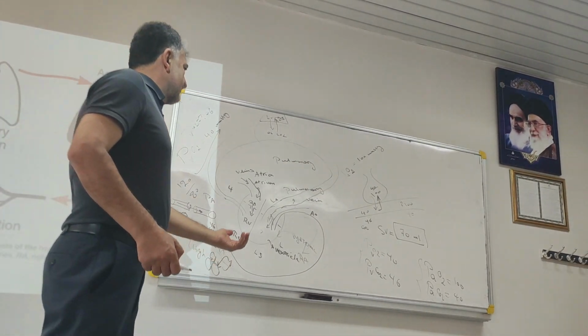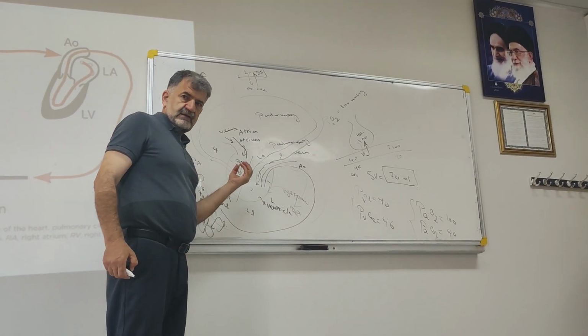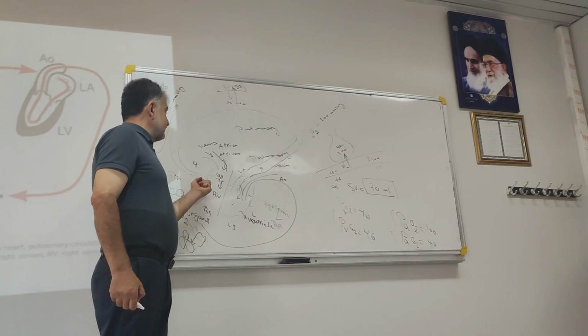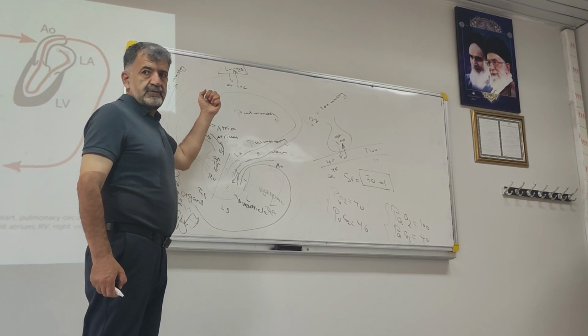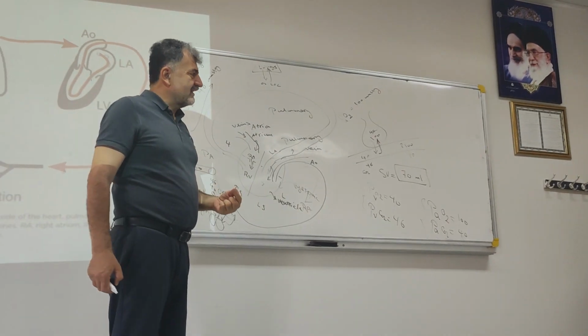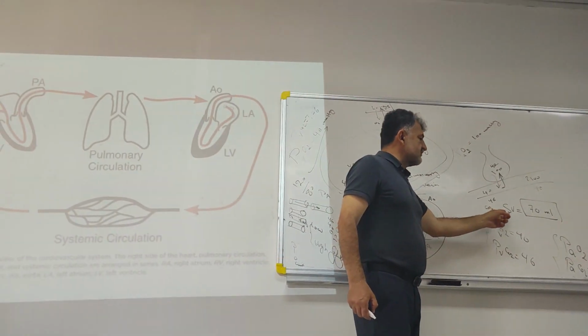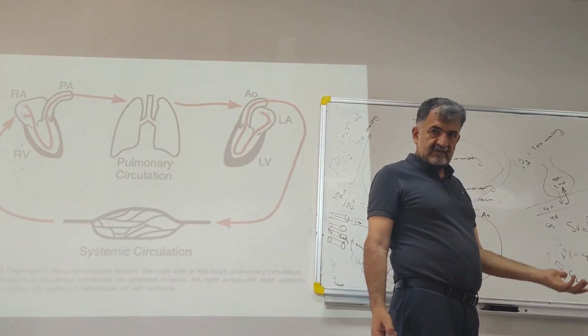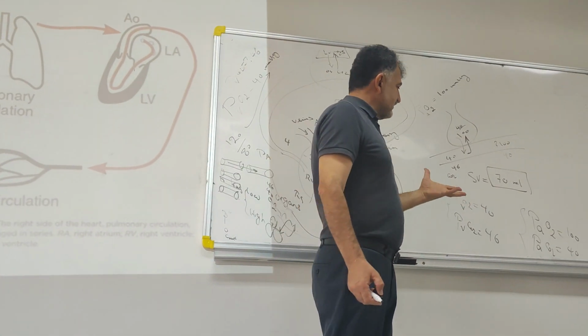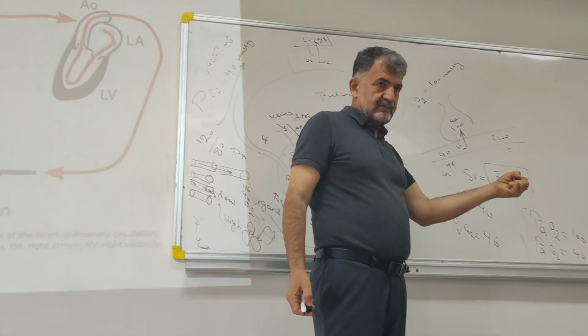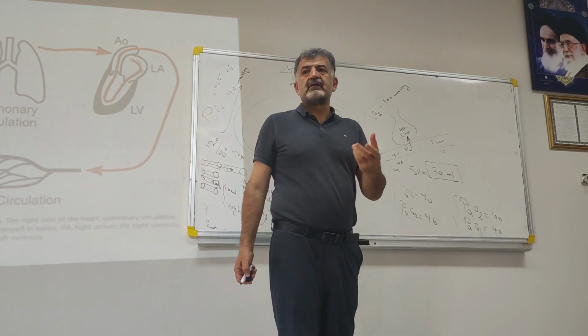If we speak about the right side, the right ventricle sends 70 ml to the pulmonary artery. You got it? And the name for that is stroke volume. Because it's volume, and this is the volume for each stroke. So we call it stroke volume.